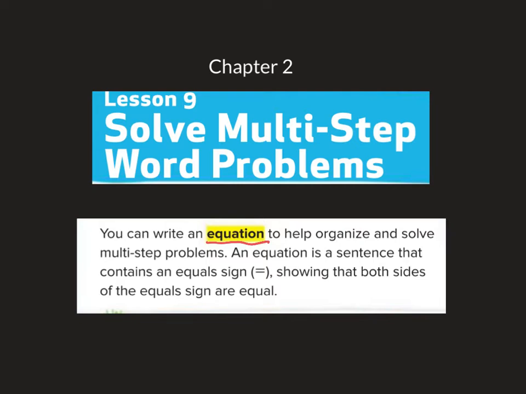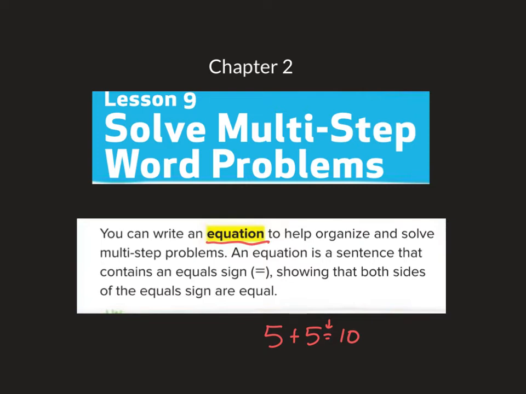An equation is a sentence. Now, when we think sentences, we usually think words, right? But a sentence is just like 5 plus 5 equals 10. That's a sentence. Okay, so it's got to have that equal sign in order for it to be a sentence. If it doesn't have an equal sign, we would call it a phrase, and it would be called not an equation, but an expression.